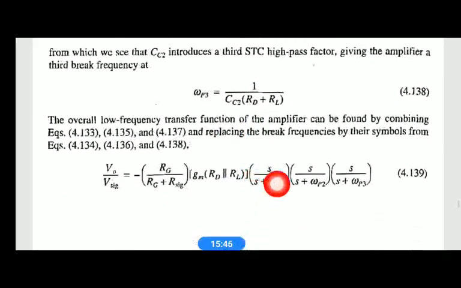So the total gain, V naught by V signal, is minus RG divided by RG plus R signal into GM into RD plus RL. It is the actual gain we will get here. You know that the low frequency gain is multiplied by three frequencies in the form of Laplace transfer, which we call break frequencies.